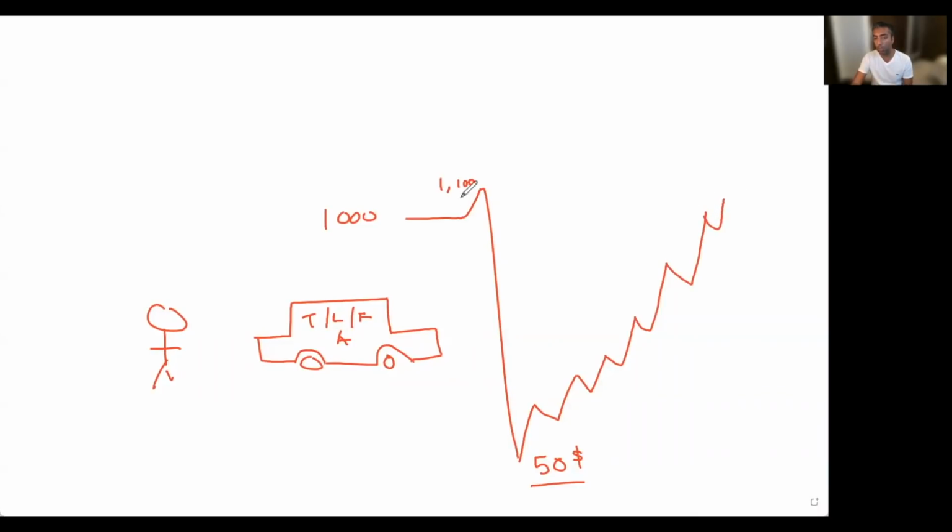What happens when you reach approximately this area? The memory kicks in, the resistance. The memory of, hey, remember last time when the prices were close to 1,100, it went down to $50? Bro, don't buy it here.